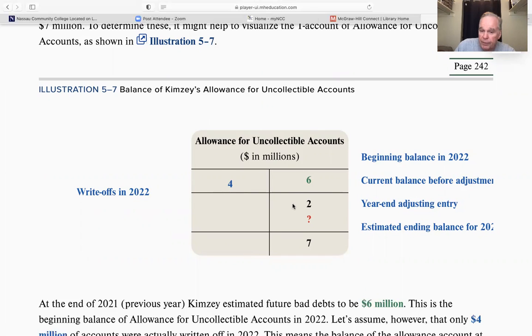We were off by $2 million, right? So at the end of that year, what was the balance in the account? It was a credit of $2 million, meaning that our estimate was too high, $2 million.